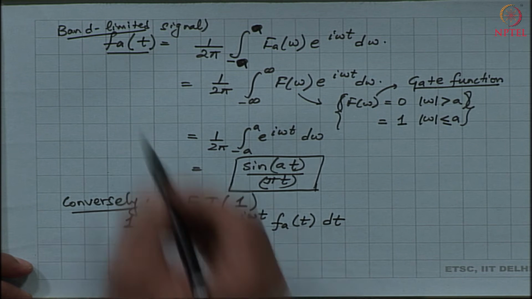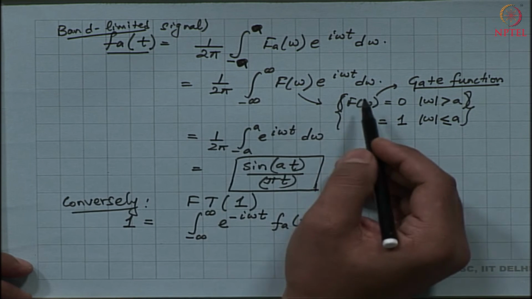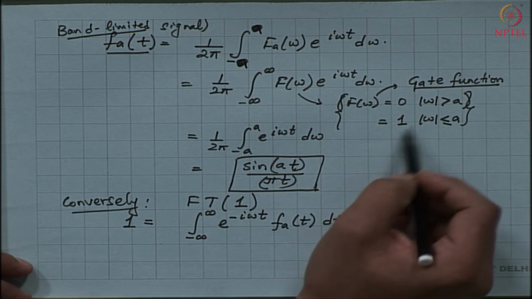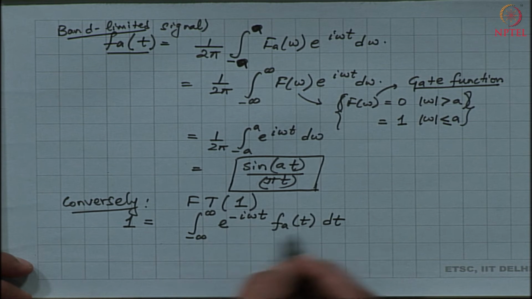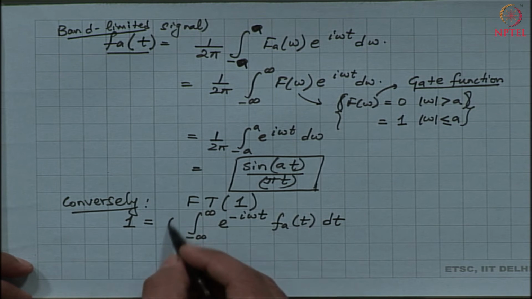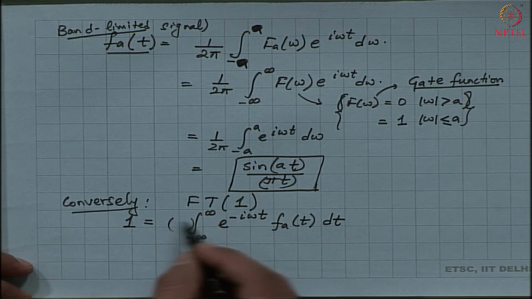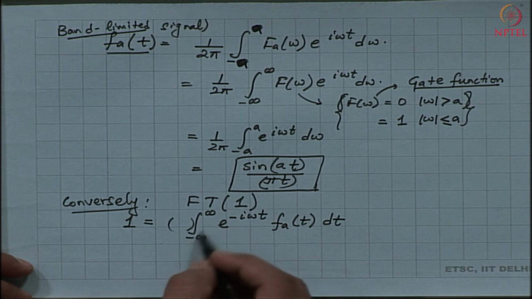Because the way we have described this band limited signal, it is described in terms of the gate function, right. So, 1 is given by this following Fourier transform. Notice that the 1 by square root of 2 pi is absent here, because of the way we have described the Fourier transform in this frequency domain.